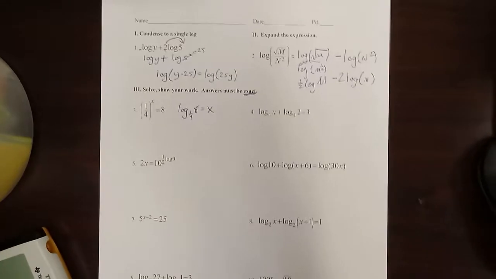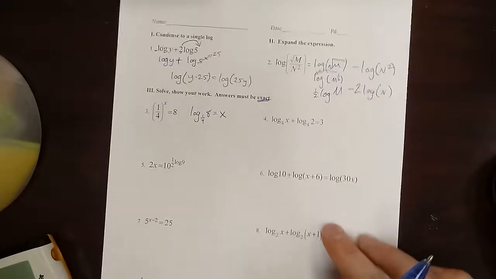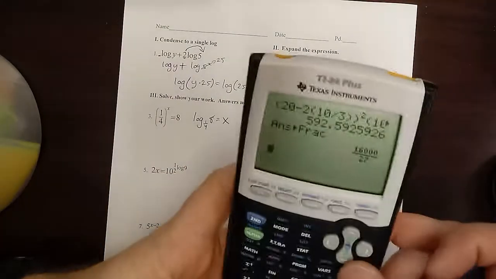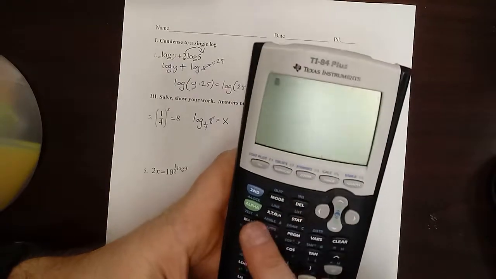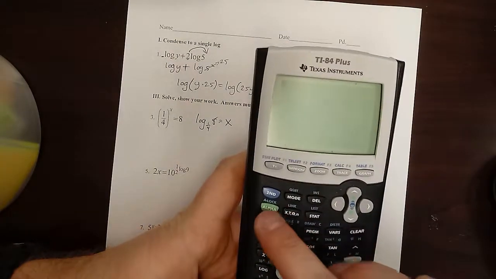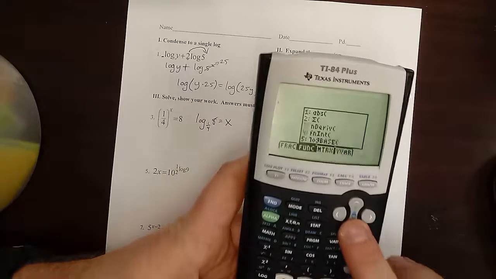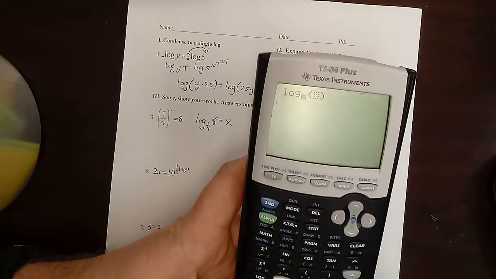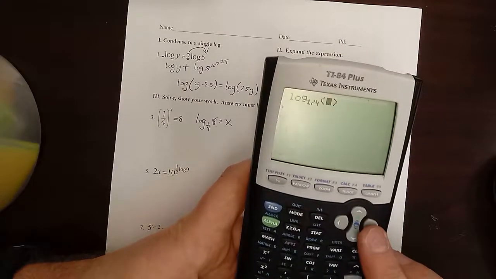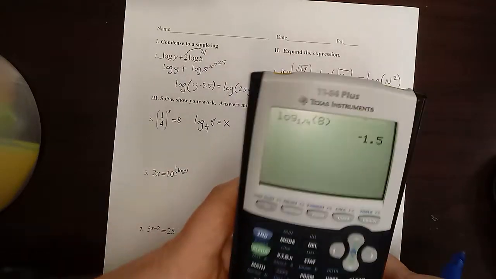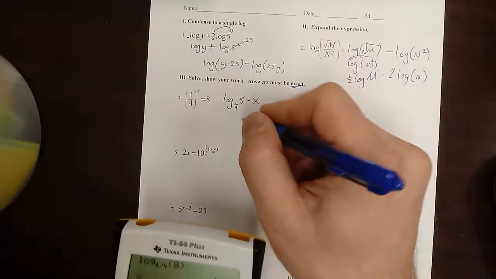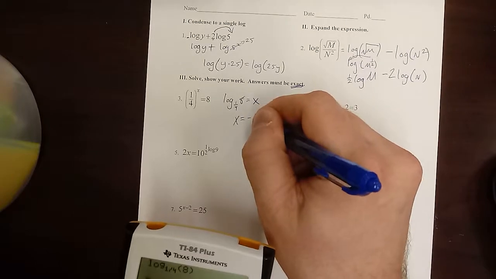So if I go to my calculator, I can say, remember we've got that alpha, boom, log base 1/4 of 8, I get negative 1.5. So I can say x is equal to negative 1.5.